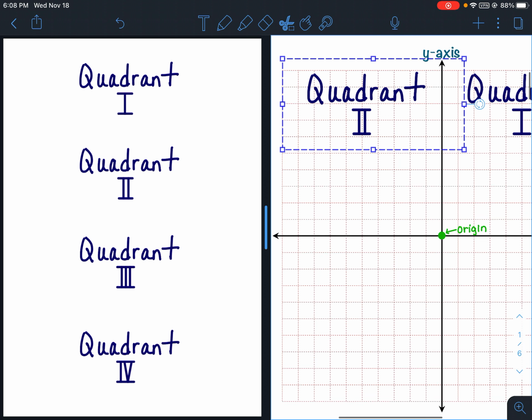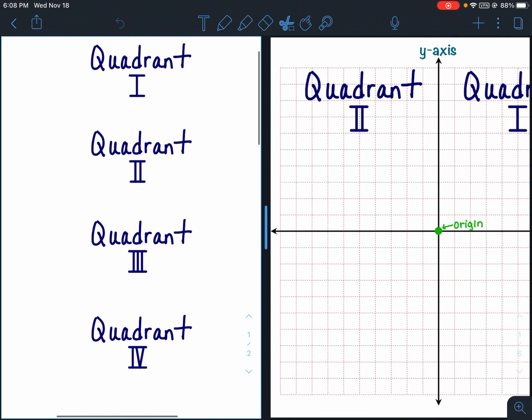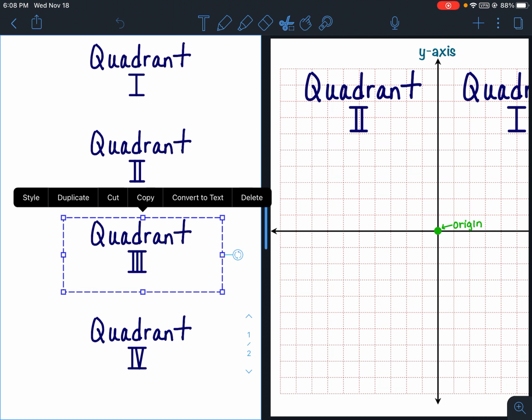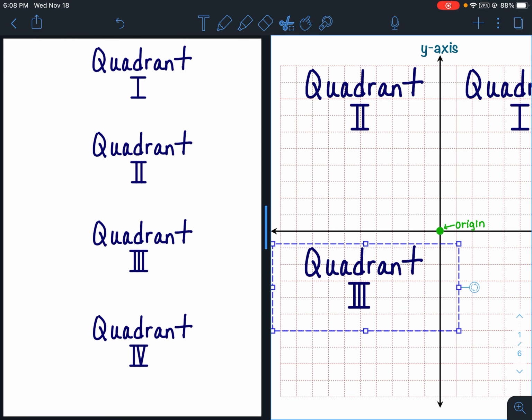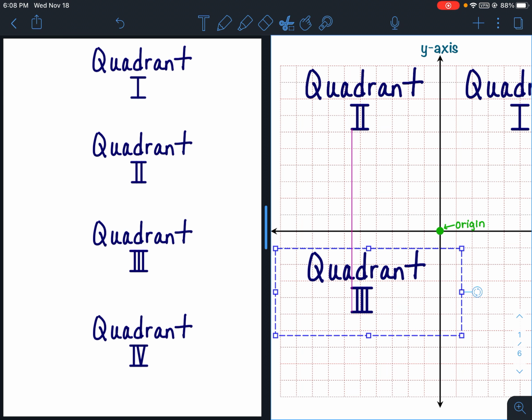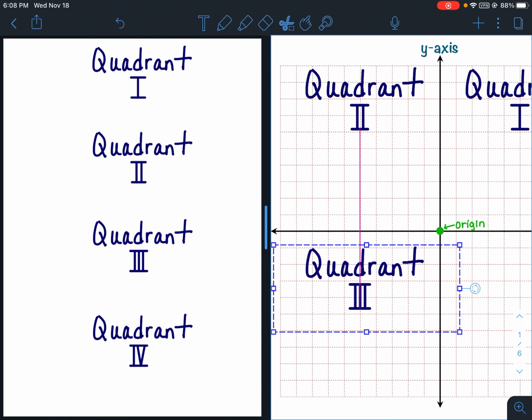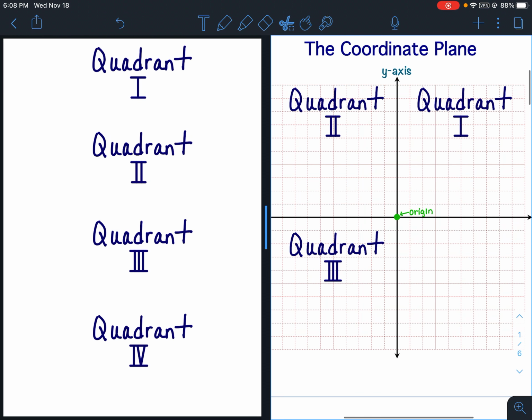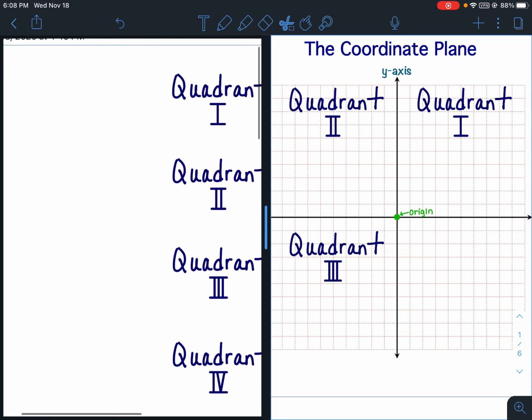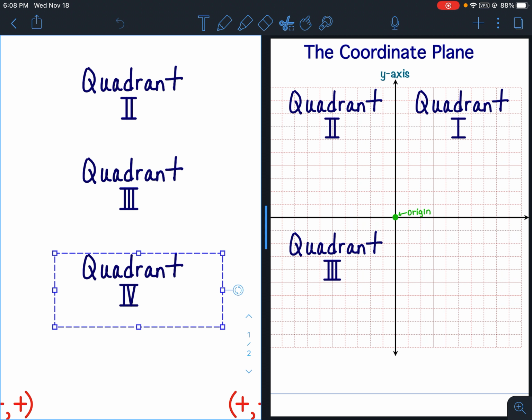The bottom left quadrant is quadrant 3. If you notice, it's going counterclockwise. And then last but not least, the bottom right quadrant is quadrant 4.